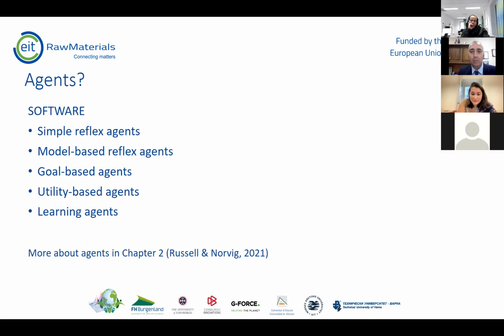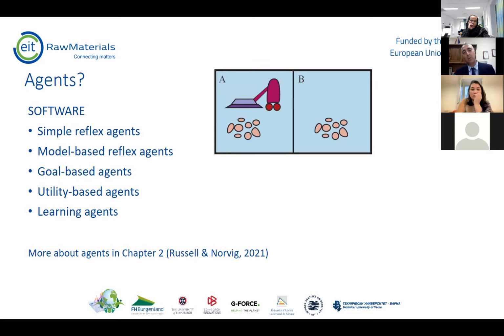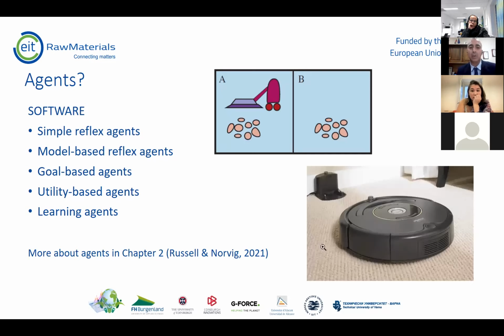For those who want to learn more, chapter 2 of the book of Russell and Norvig gives a very, very nice description. There you can read about a vacuum cleaner like the iRobot we own in our homes, maybe most of us. It explains in a very clear and nice language what problems this vacuum cleaner has to solve, how it avoids the obstacles, how it implements its goals.